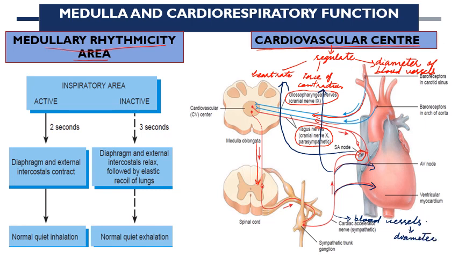In the same manner, the medullary rhythmicity area is also present in the medulla oblongata, and this area contains a dorsal group of neurons. That's why they are called the inspiratory area. When this area is active, it causes contraction of the diaphragm and external intercostal muscles that leads to normal quiet breathing.